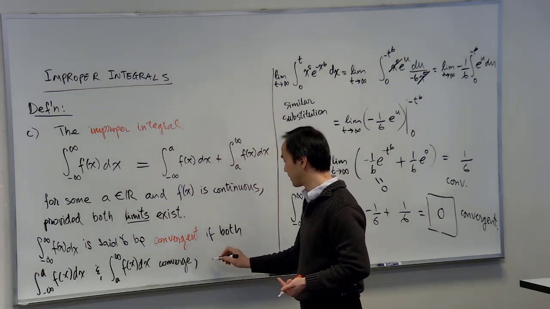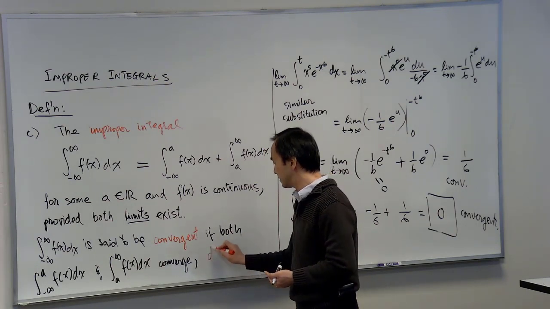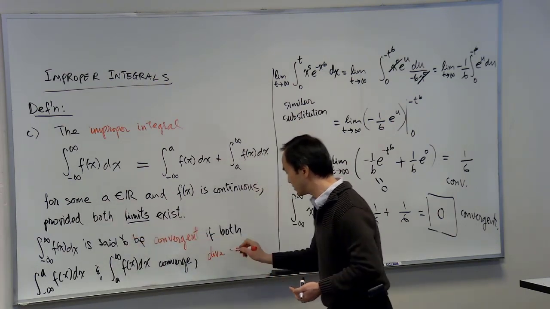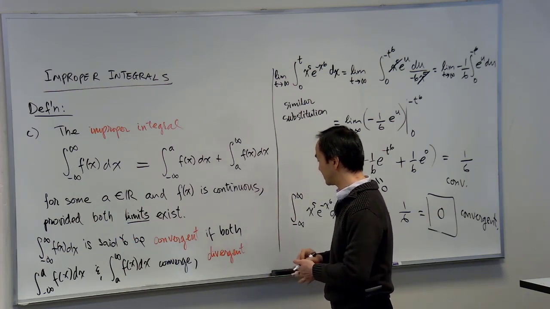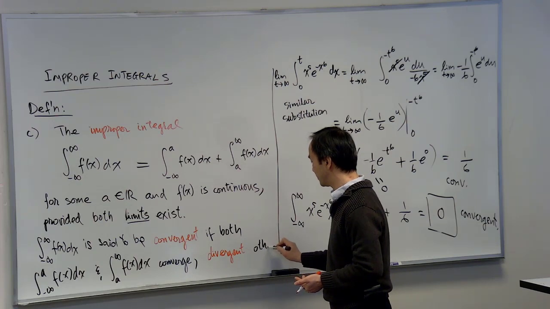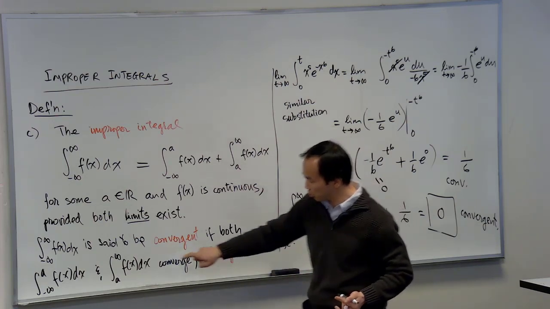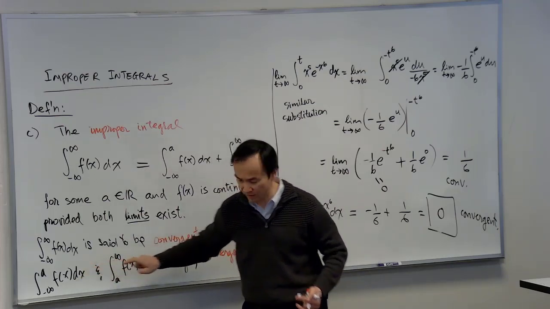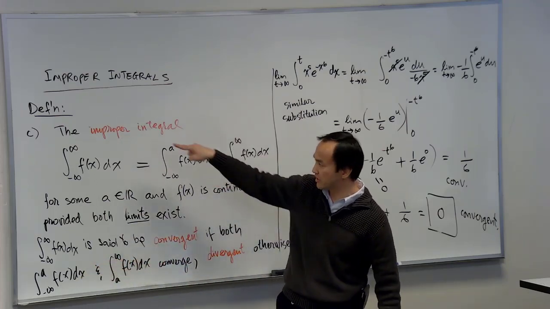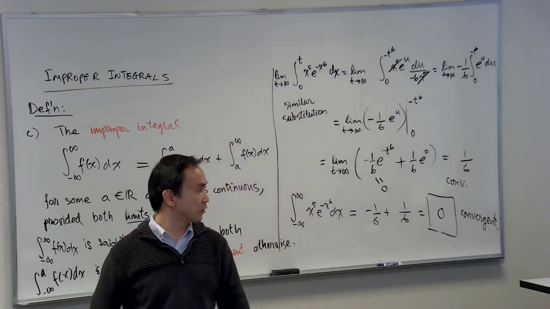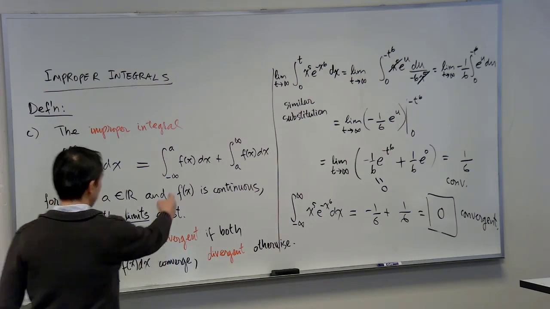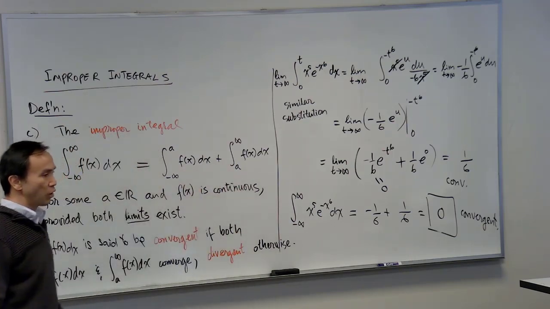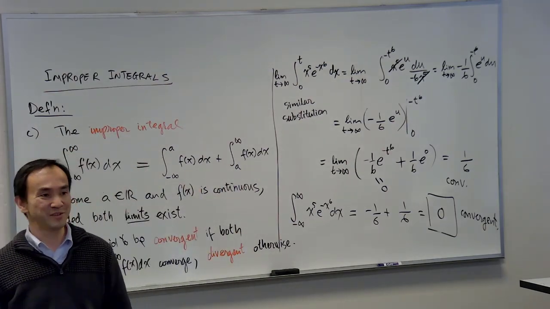Otherwise, that same integral is said to be divergent, right? So when I say otherwise, it just means as long as one of these fails. As long as one of these two integrals that primarily built our overall infinite integral fails to be convergent, and any one of these diverges, the whole integral itself diverges.